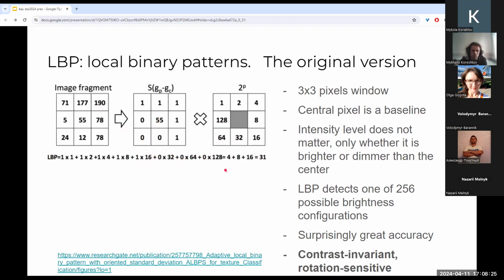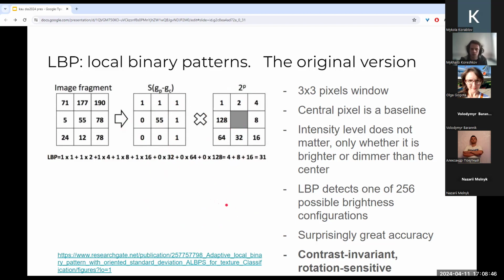In this way, we can encode this vector of ones and zeros into a single 8-bit number. And then this number can be used as a texture descriptor for the small 3x3 neighborhood around each pixel.